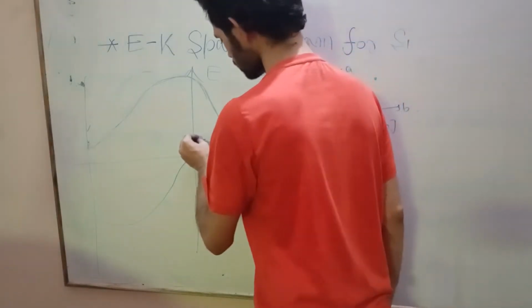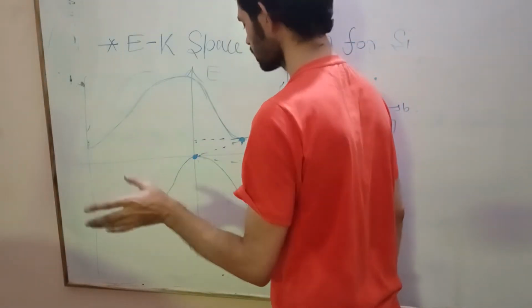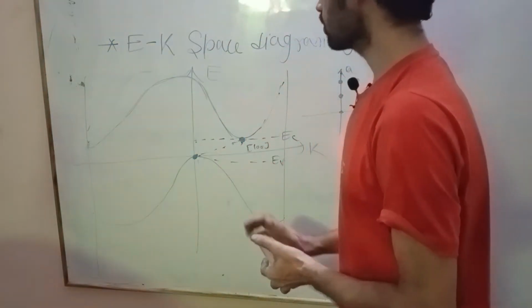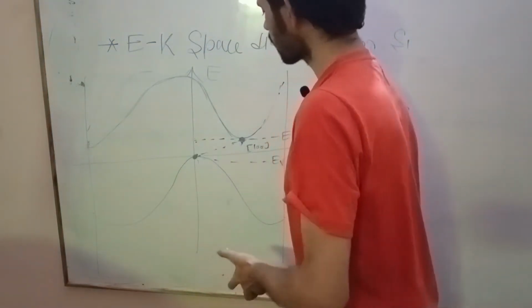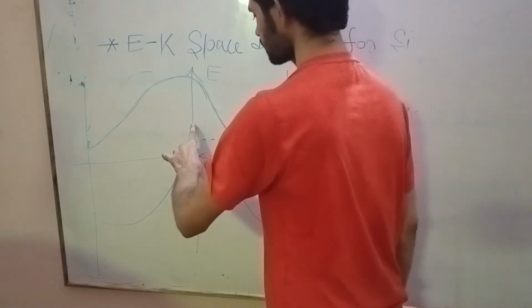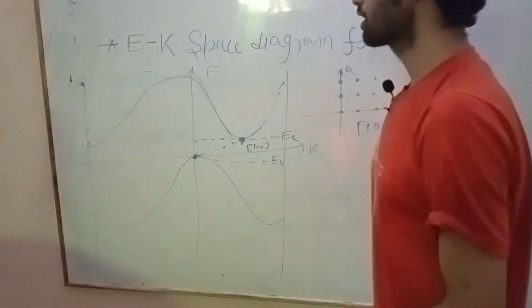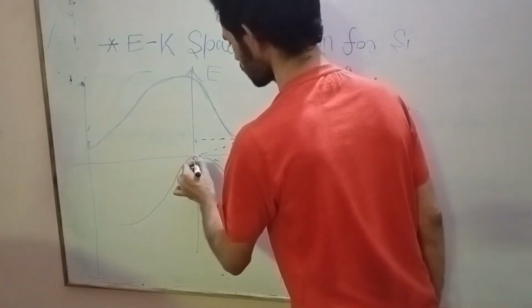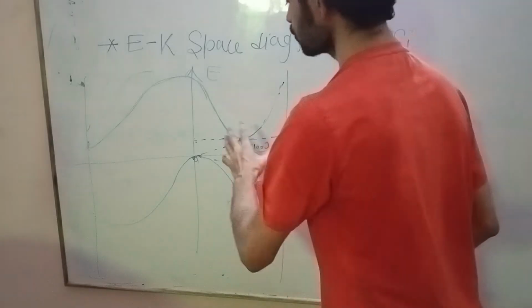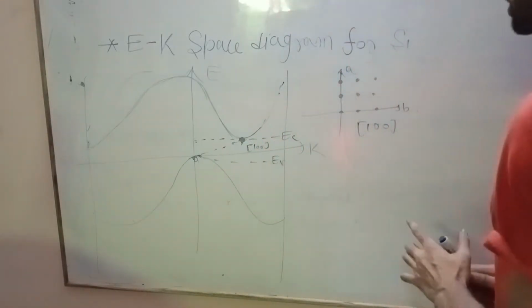It should first have K not equal to 0. For that it should move somewhat distant, from here to here. Then after that it will come in direct contact, and after that there is a transition of electron from conduction band to valence band.